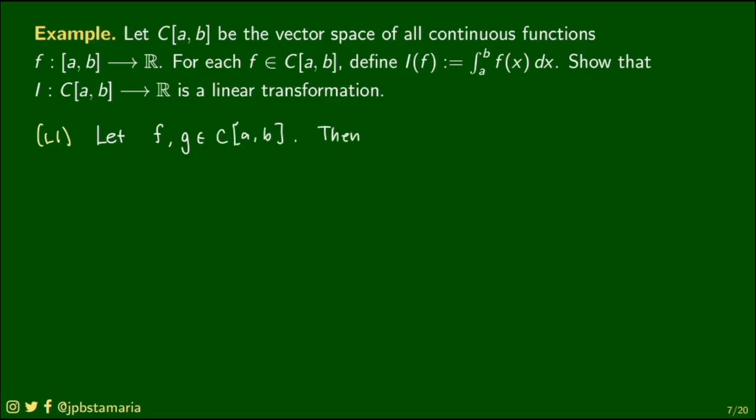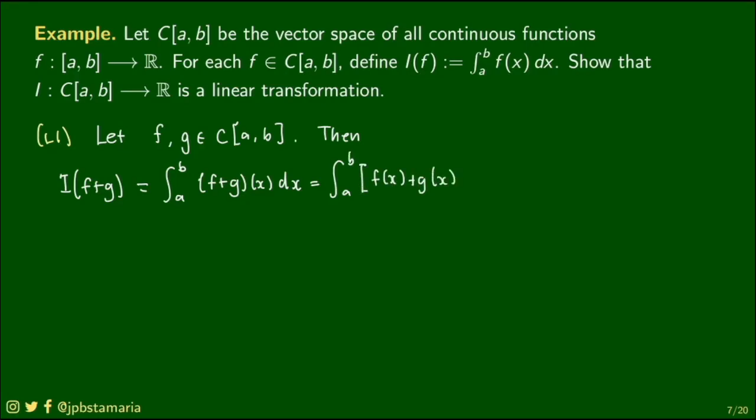Then, as you can see, I of f plus g, I being the mapping, means the integral from a to b of f plus g of x dx. But by definition of function addition, this equals f of x plus g of x.